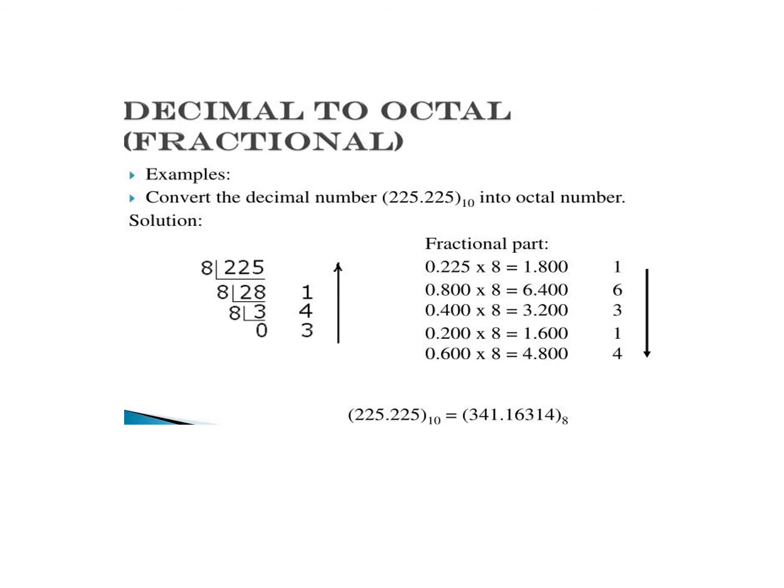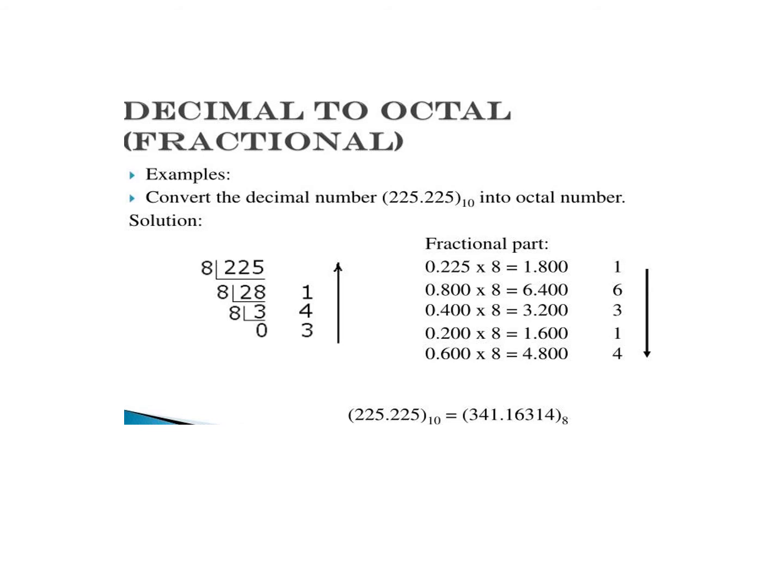Again 0.800 multiplied by 8, we find 6.400, and again here we will note down the whole number integral part 6, and 0.400 again multiplied by 8, and the same process is repeated until the multiplication repeats or the number 1.00 repeats. So we will stop after 4.800.